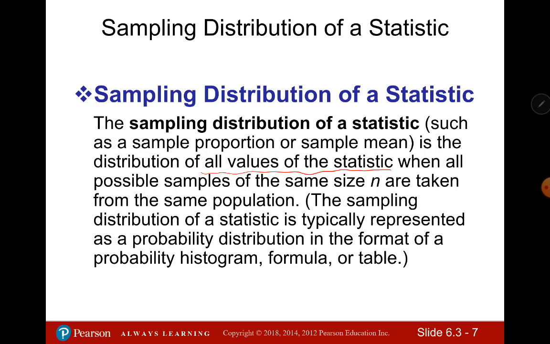We are talking about the values of statistics. We have lots of sample means, lots of sample proportions, lots of sample variances. Not talking about the x values. And again, the bottom line is same size and from the same population.